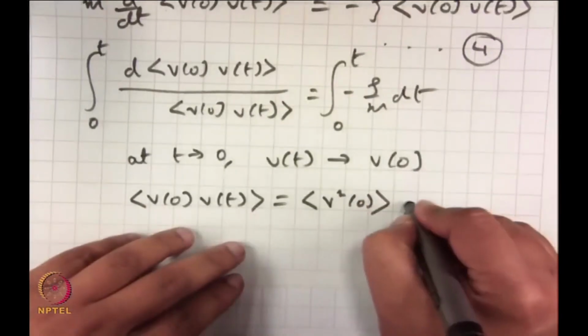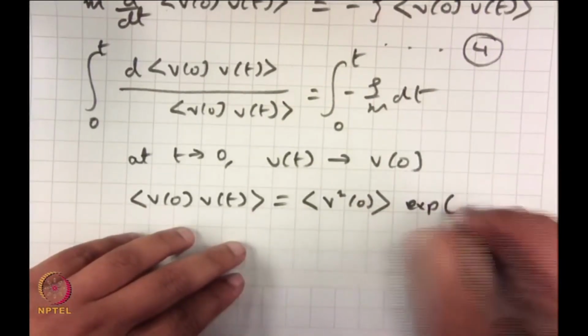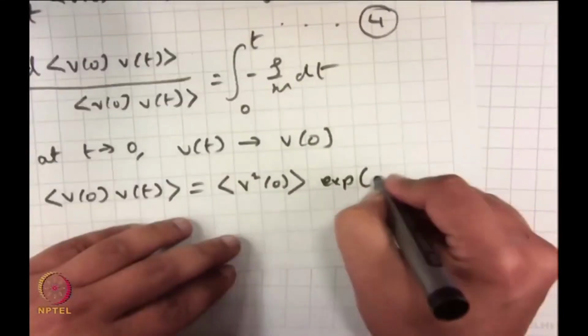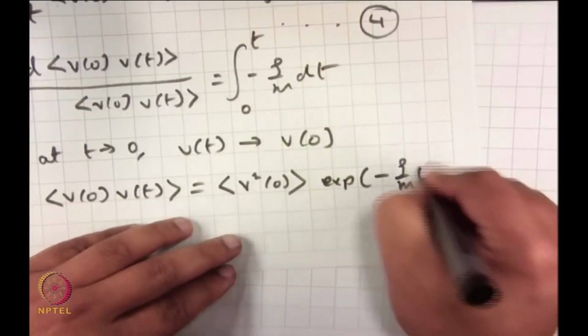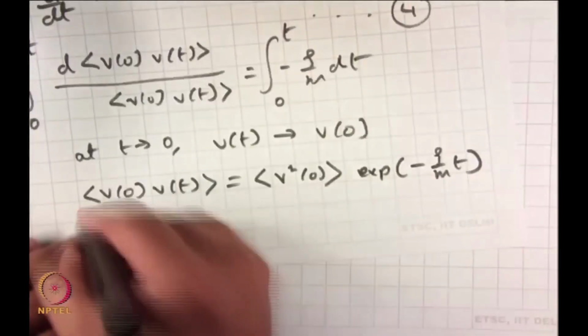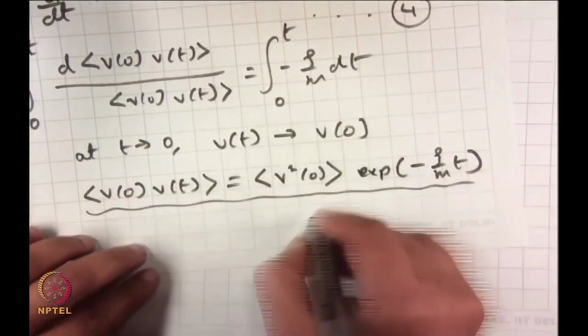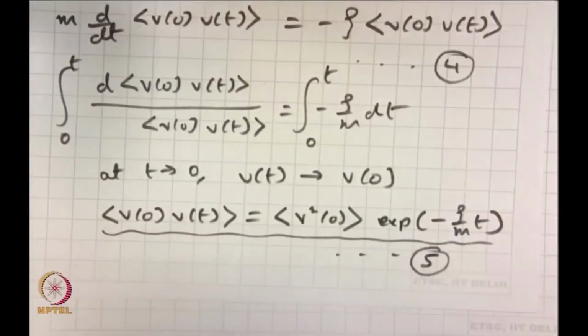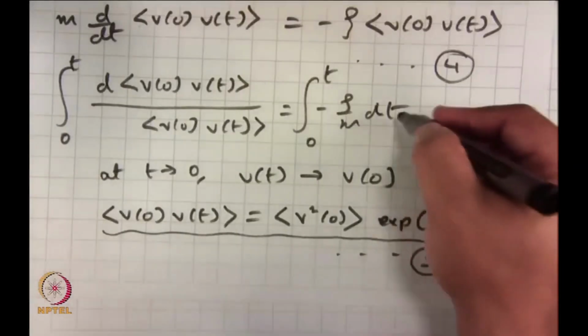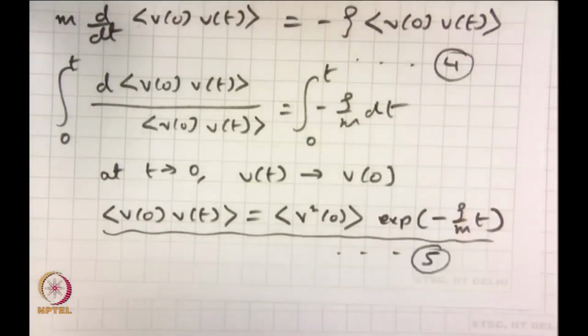Now, this is exponential, what do you have? Minus times t. Isn't it? Because this one is essentially t between the limits. So, what do you now see?